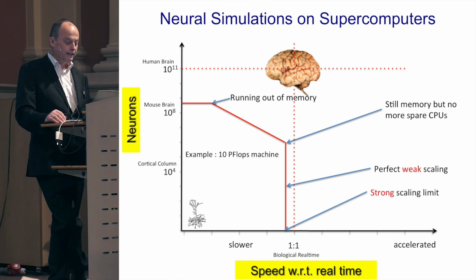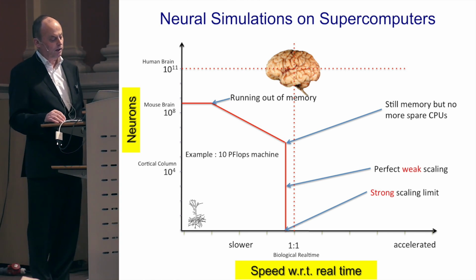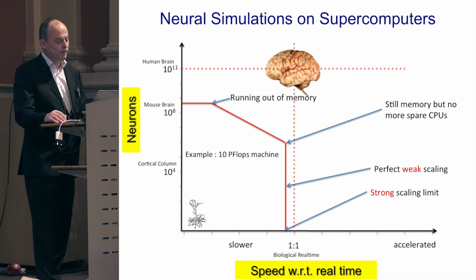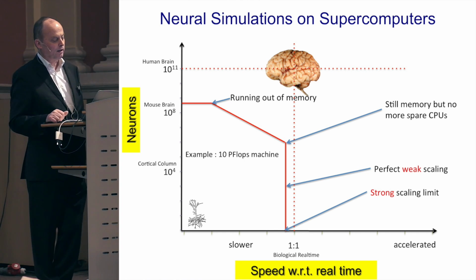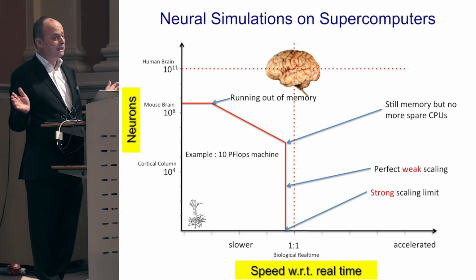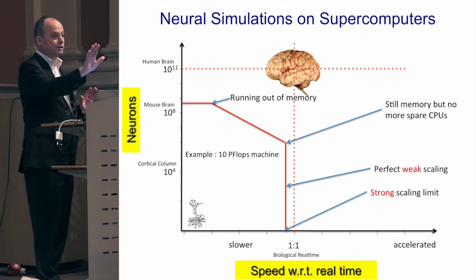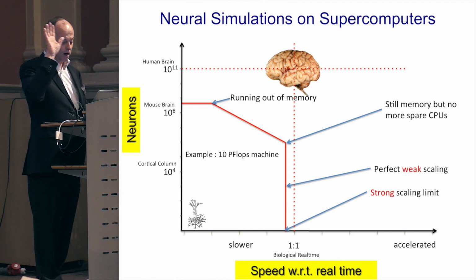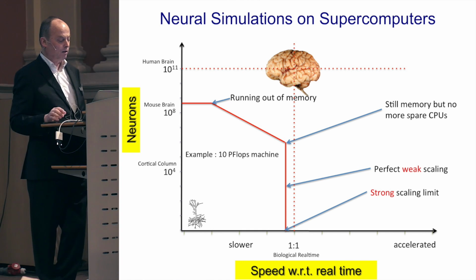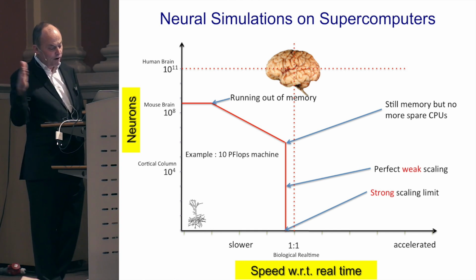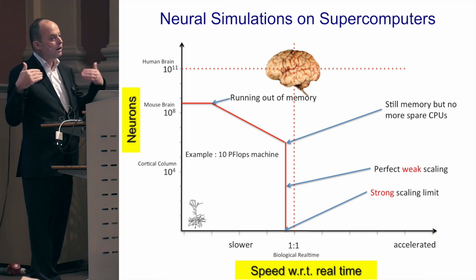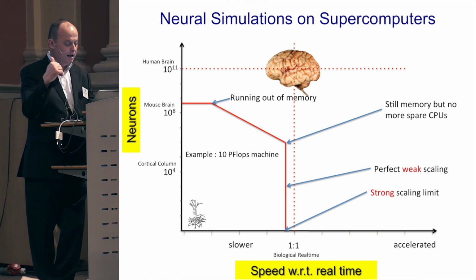And of course, to a certain extent, as long as you have enough processors, the simulation time will be slower than real time, as we will see, but it's basically independent of the problem size. You will see it's not really true, but if there is perfect weak scaling, that would be the horizontal line. And of course, how far you go out in simulation speed really is then the limit on strong scaling. At some point, you run out of processors.